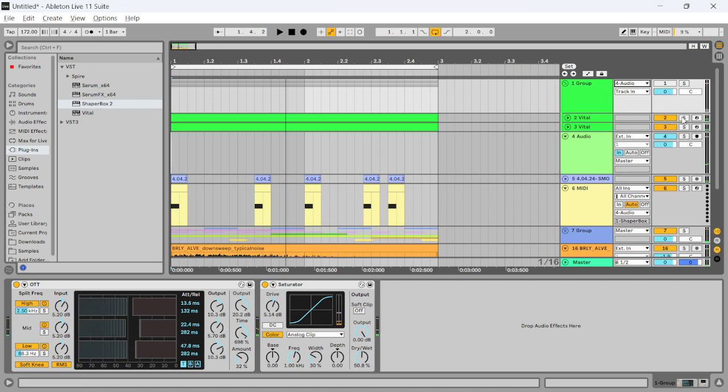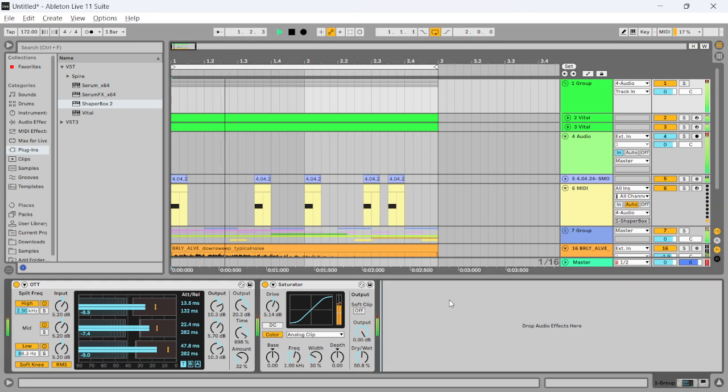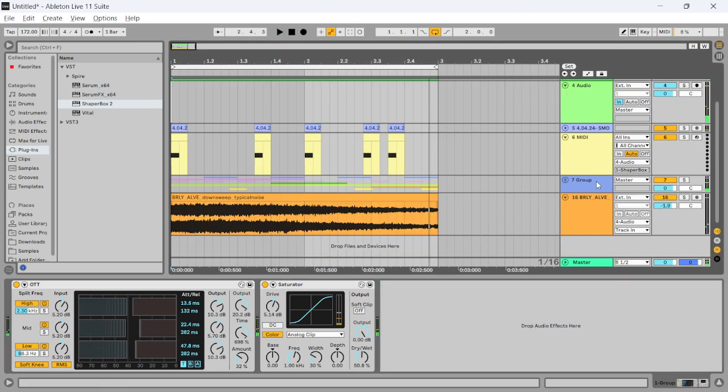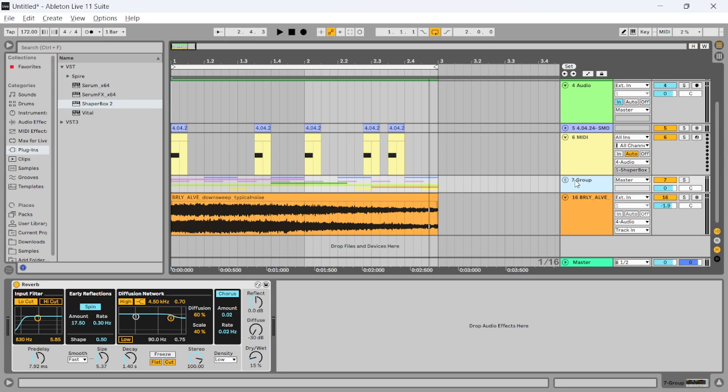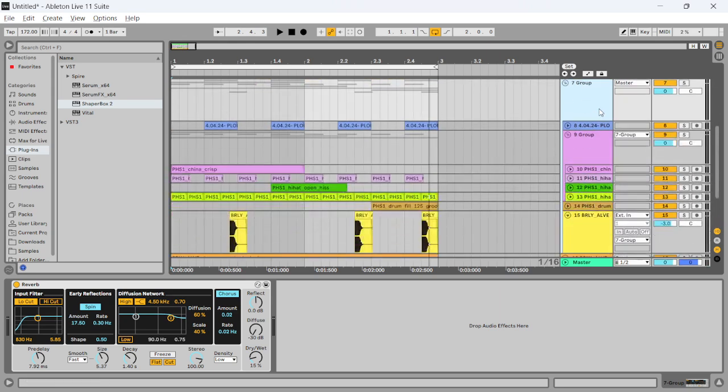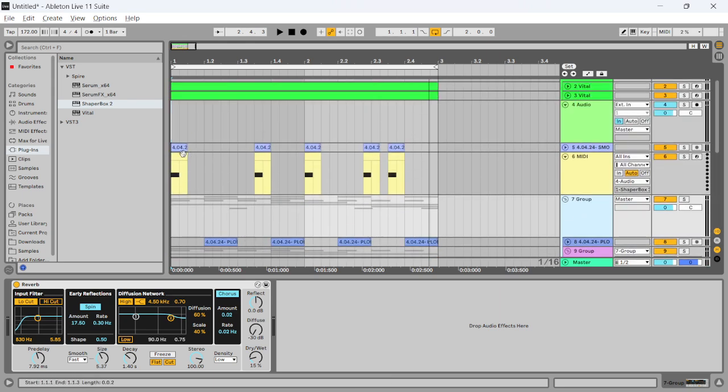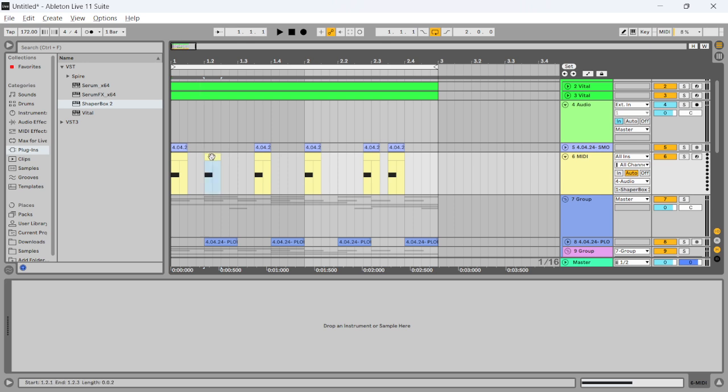I'm also going to send this through this guy. Hey, here we go, boys. Of course, I want to give the snares some space as well now. So I am going to do that.